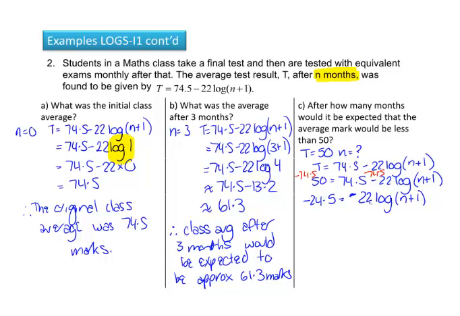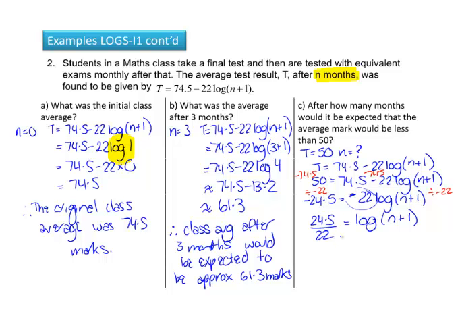Okay, rearrange that because I need to get rid of that minus 22, so I divide both sides by negative 22. So negative divided by negative is a positive, so 24.5 over 22 is log of n plus 1. So all I've done there is divide both sides by negative 22.